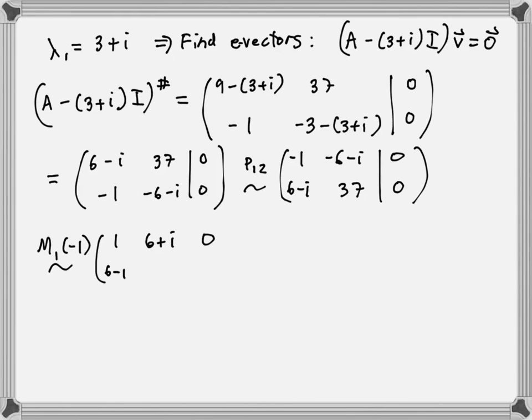And then 6 minus i, 37, and then 0. Okay. Now what? Well, you can eliminate this guy by taking -6 minus i, multiplying by row 1 and adding it to row 2. What do we end up with?